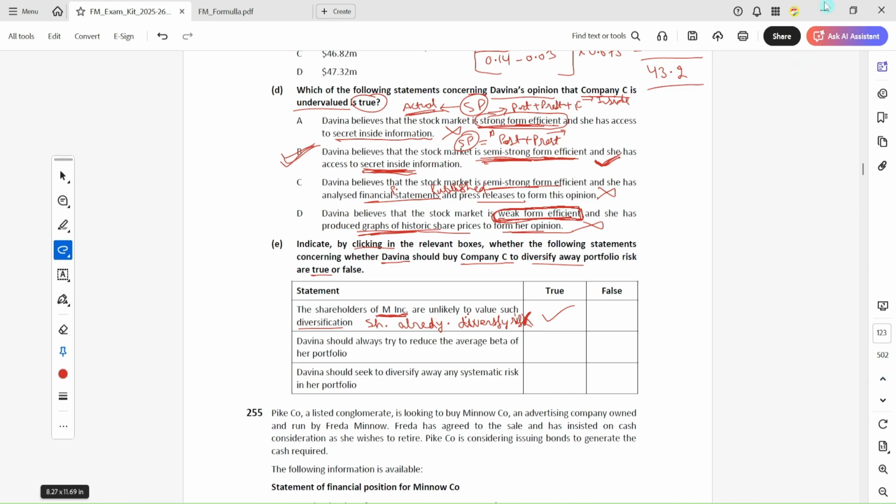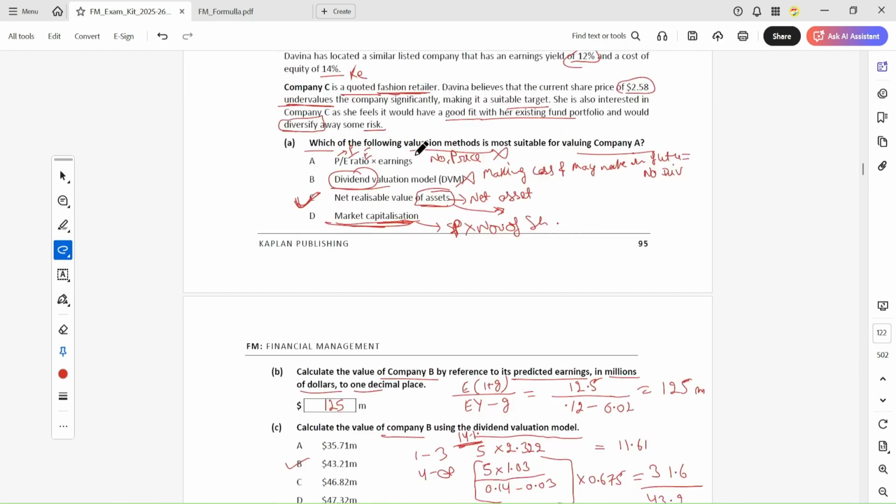Okay, I will explain this. The systematic risk is general risk, and unsystematic risk is specific risk to a company. This specific risk, unsystematic risk, is diversified by the shareholders. So the shareholders are unlikely to value such diversification, because the company is diversifying the specific risk.